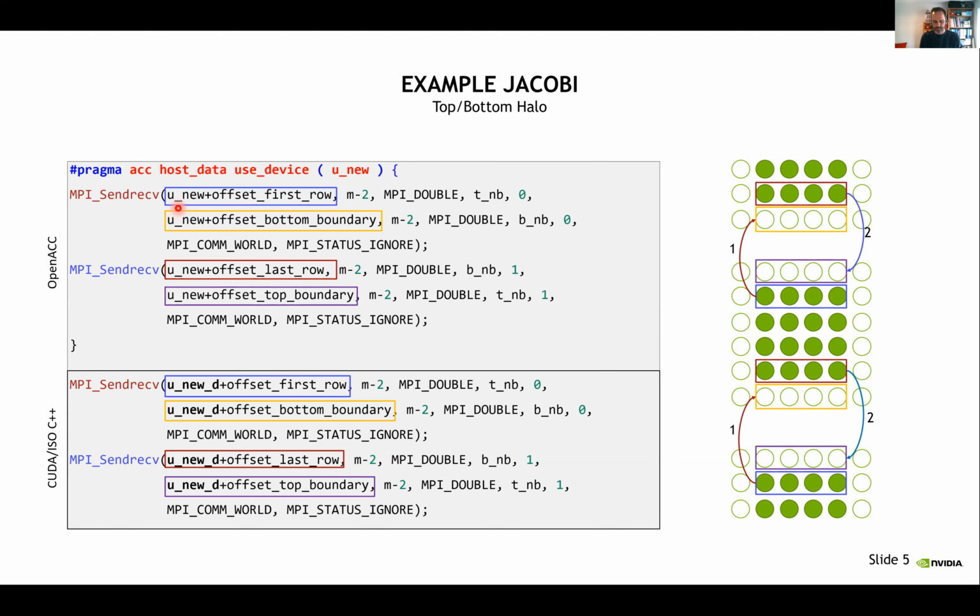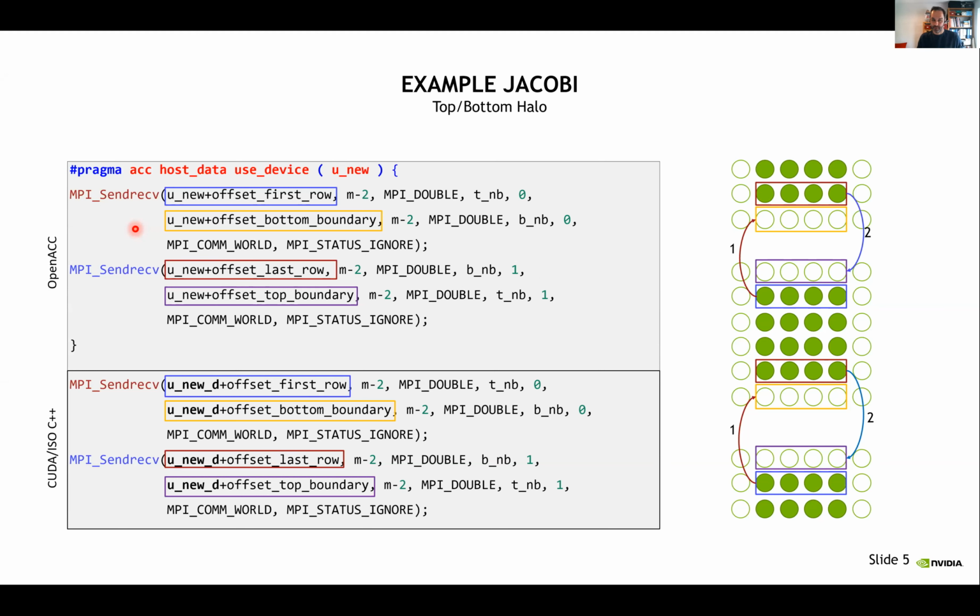For example, if you launch an OpenACC kernel, it knows that it needs to use the device pointer behind that symbol and not the host pointer. But if you're in CPU code, like you are when doing MPI calls, it derives from the context that it should use the CPU pointer. In this case, because all the computation happens on the GPU, MPI send and receive would exchange stale data, and the simulation would not progress.